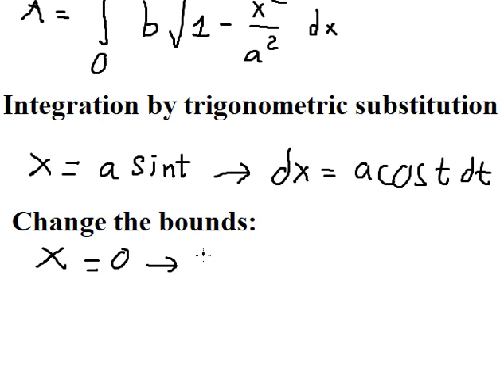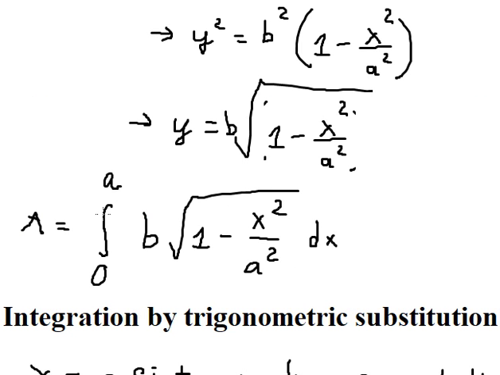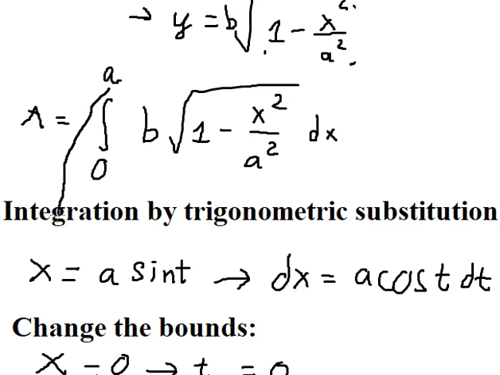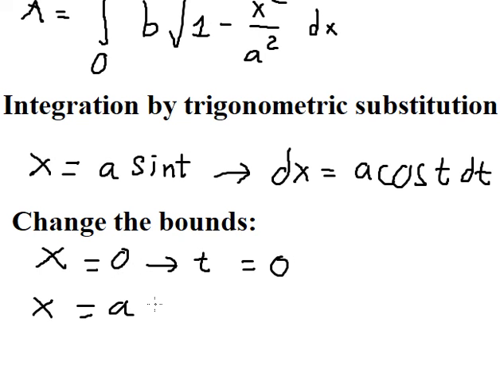So t equals number 0. When x equals a, we have a in here, and we put the value of a in here. a divided by a, we have number 1. So t equals pi over 2.